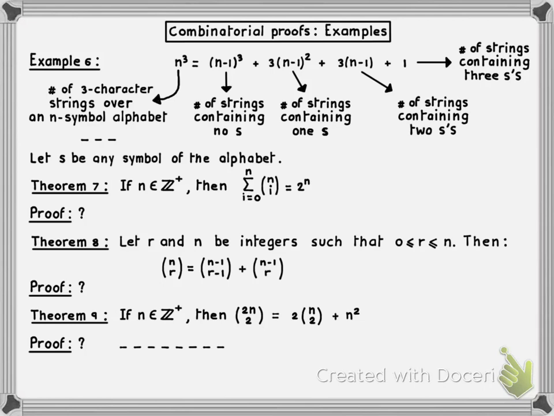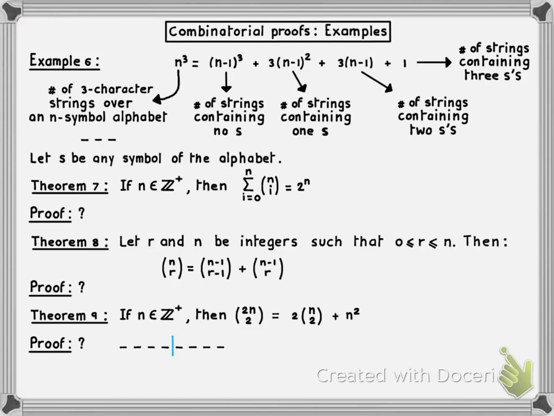Well, if we look at the right-hand side, we notice we have the expression here, n choose 2. So we must be choosing 2 positions out of n positions. So maybe an obvious first step is to divide this set of 2 times n positions into 2 equal parts of size n.